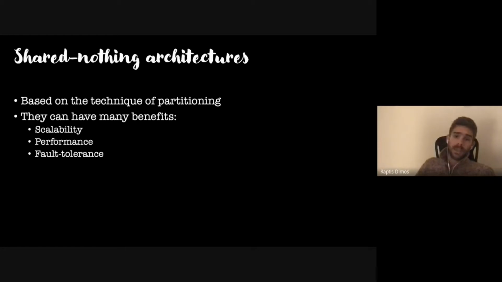Of course, the technique of partitioning comes with some drawbacks, some limitations. The most common one is that in order to achieve all these benefits, we partition the datasets or the workloads, and then we need to keep these workloads separate. So typically we do not allow a lot of capabilities across these partitions.